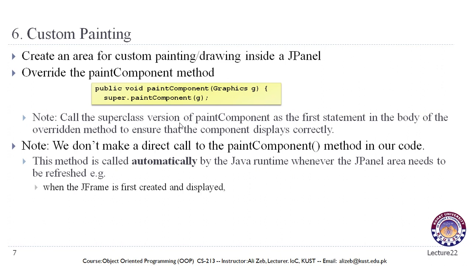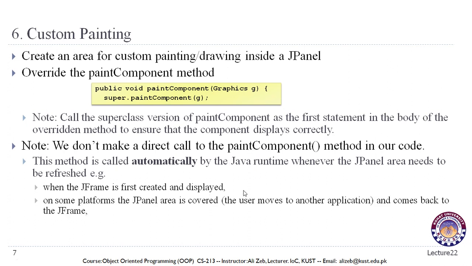For example, when the frame is first created and displayed, this method is called automatically to refresh the painting area for us on the JPanel. Or on some platforms, the JPanel area is covered by other applications, and when we come back to the JPanel or the JFrame, this method is called automatically and the area is refreshed for painting.